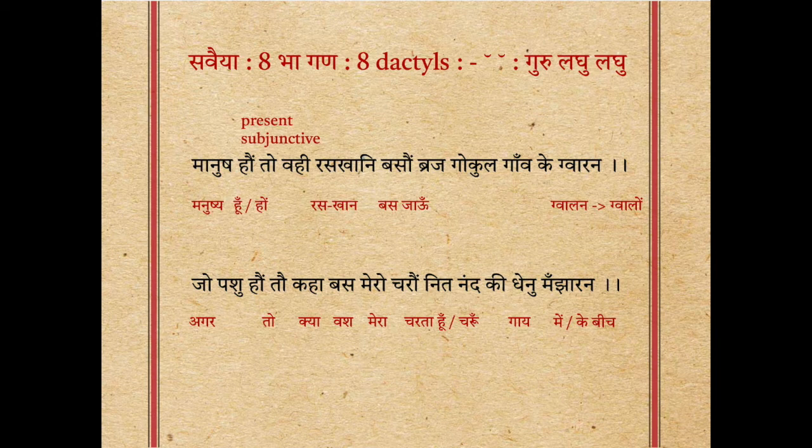Jo pashu haun, should I be, shall I be, an animal, ton, then, kahan bas mero, what control would I have, or do I have? Charao, may I graze, nit nand ki dhenu manjharan. May I graze manjharan among dhenu, the milk-giving cows, nandaki, of Nanda, nit, continuously or forever.